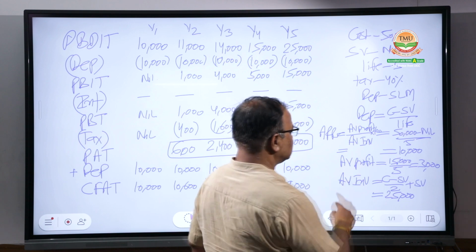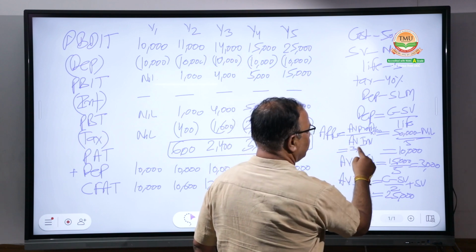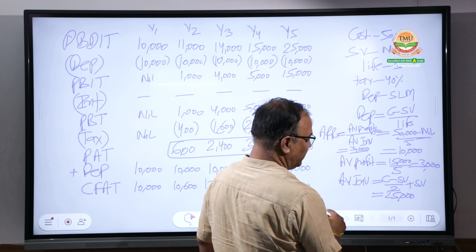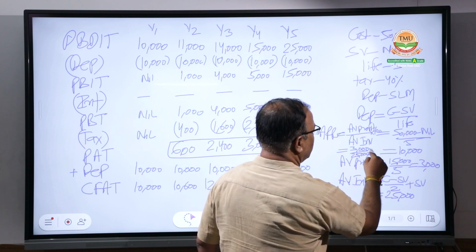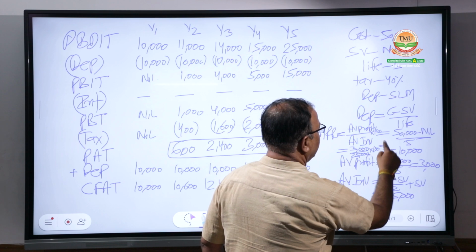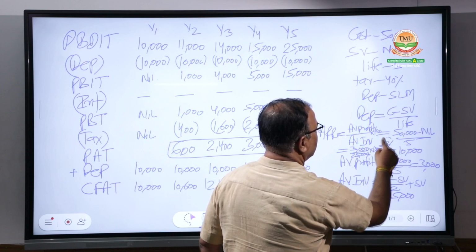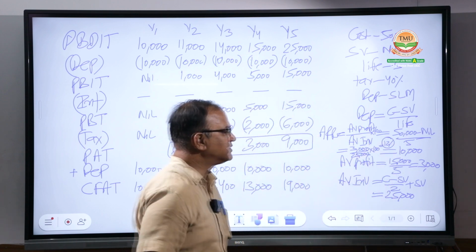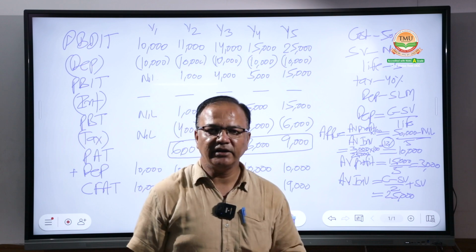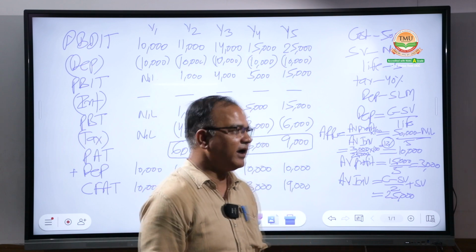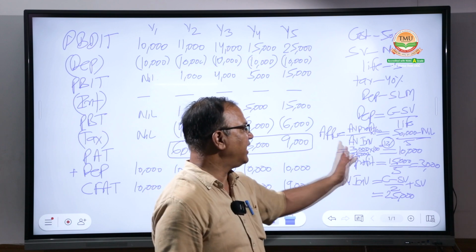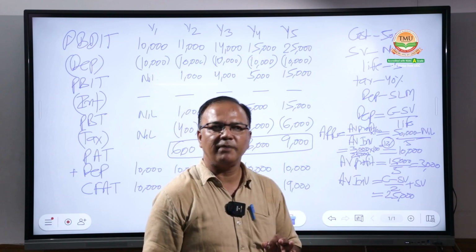Average profit is 3,000. Average investment 25,000 into 100. It will be 12%. If we divide 3,000 by 25,000, multiplied by 100, then the accounting rate of return will be 12%.